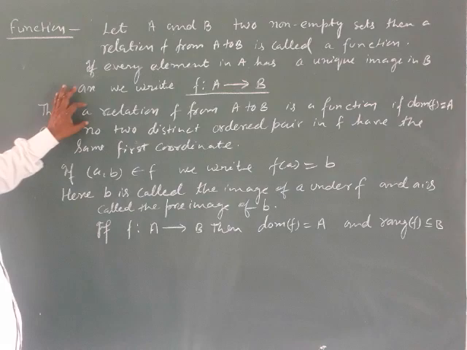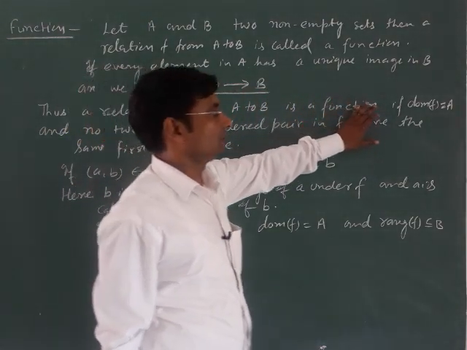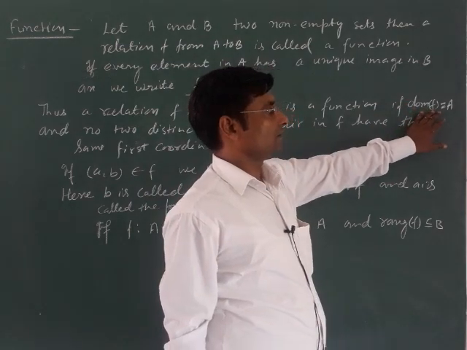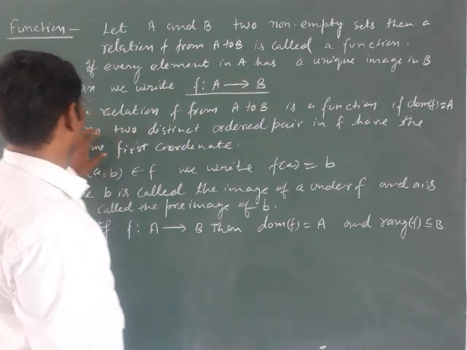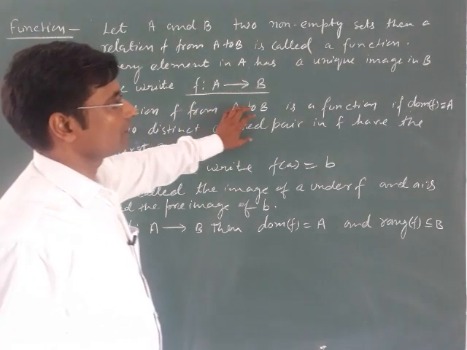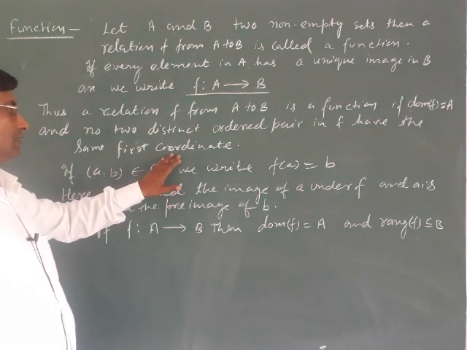So thus, a relation F from A to B is a function if the domain of F is A and no two distinct ordered pairs in F have the same first coordinate.